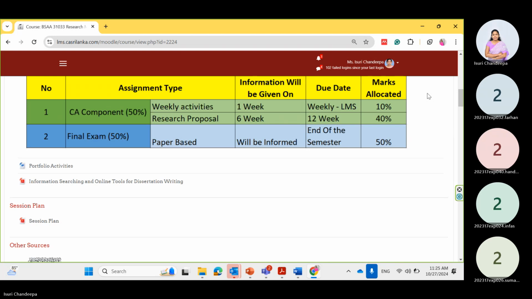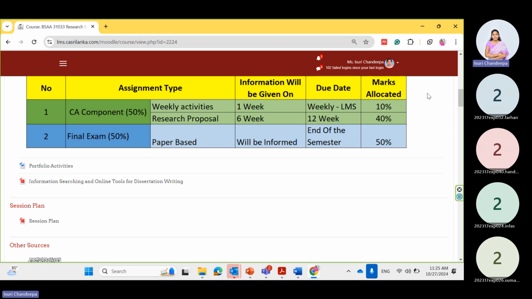The remaining 40% is allocated for the research proposal. This research proposal is for the final year dissertation.